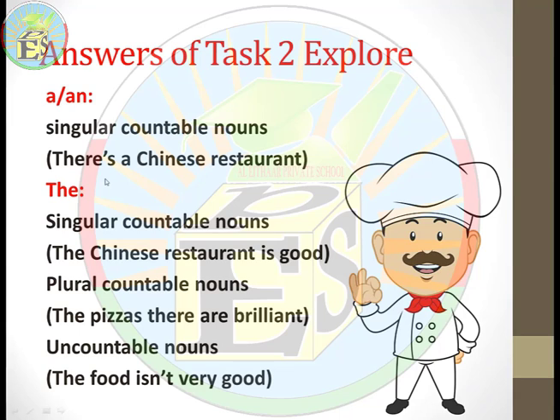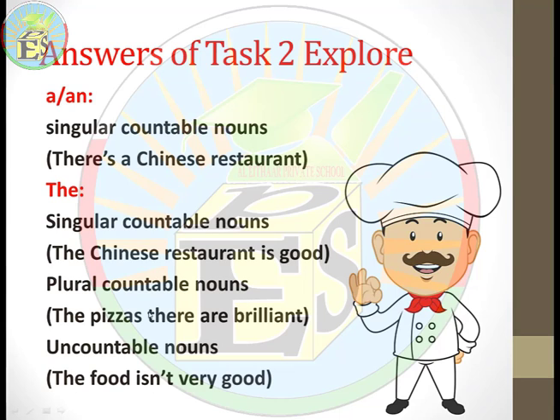Then moving to the article the, and we use it with singular countable nouns. So put a tick on singular countable nouns. An example is, the Chinese restaurant is good. The article the is also used with plural countable nouns.